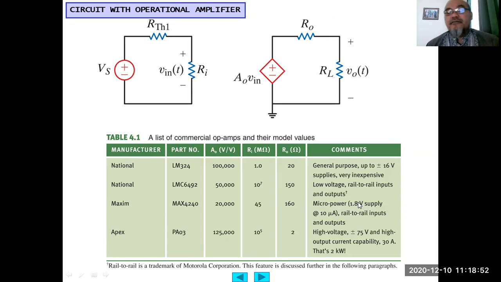The power supply is 1.8 volt, so low power, at 10 microampere. Apex produces PA03 with 125,000 gain. Input resistance is 100,000 mega ohm, so 100 giga ohm, with output resistance of 2 ohm.